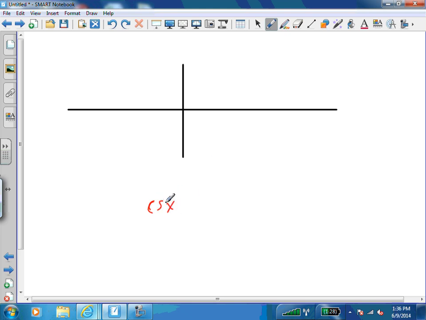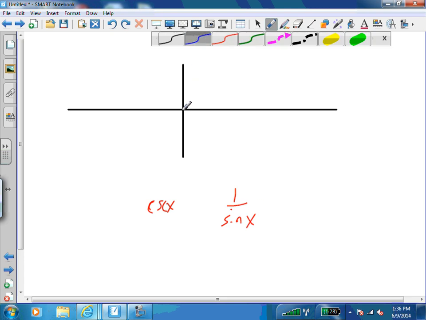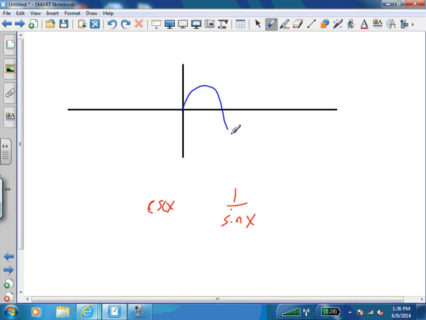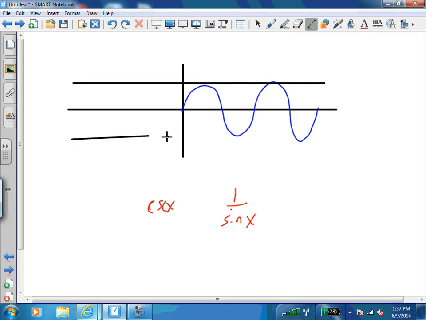Cosecant is the reciprocal of sine. So if sine does this, keep in mind, not quite.